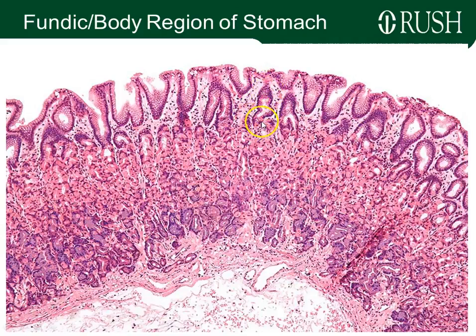And then from about this region down, you can see gastric glands all the way down to here. So the mucosa is from all the way up here at the surface mucus cell, all the way down to where you have a muscularis mucosa down here. And then this would be submucosa underneath.